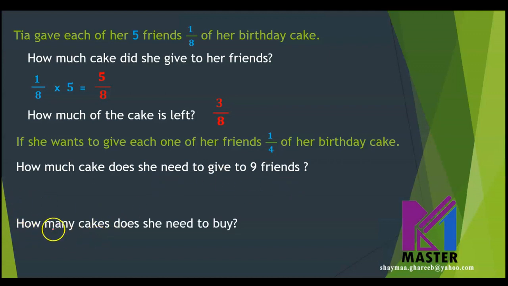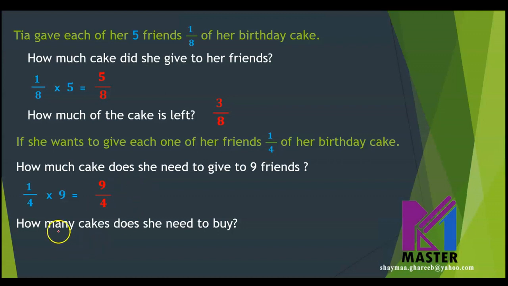And the second question, how many cakes does she need to buy? Let's see the first question. We said we are going to multiply the 1/4 by 9, and the answer will be 9/4, which means more than 1 cake, because it is an improper fraction.